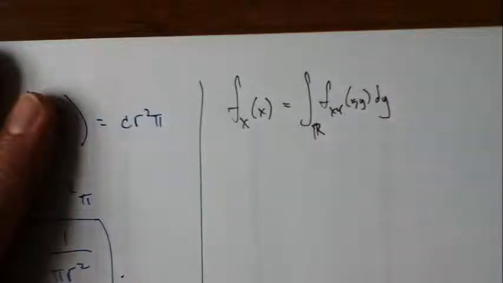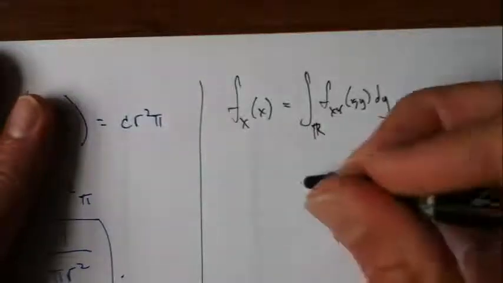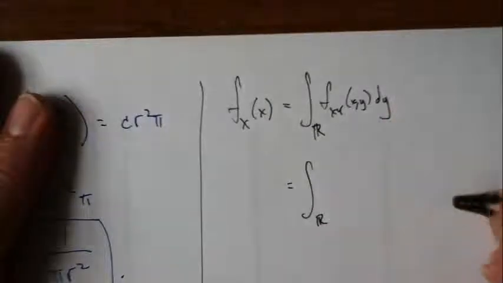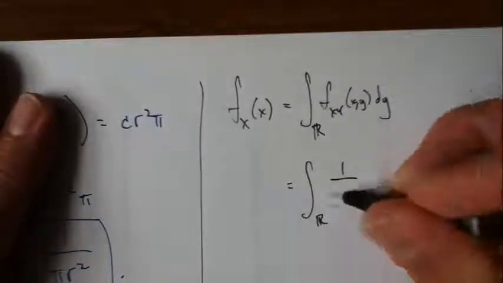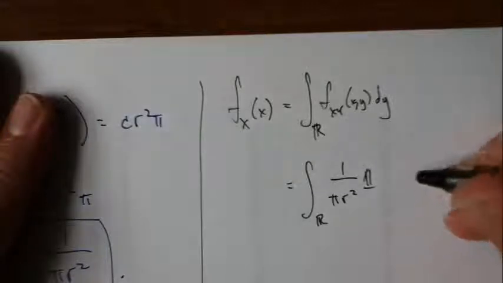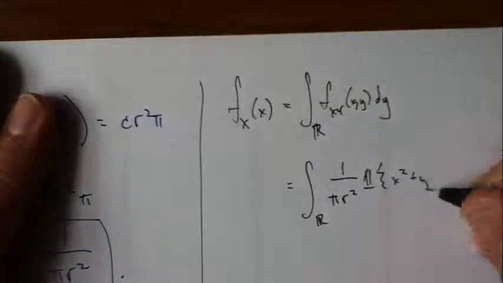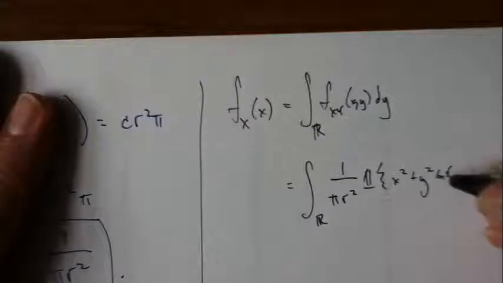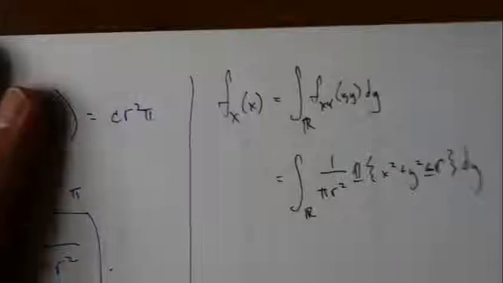I'm going to integrate out the y, so to speak. I know that the joint density function is 1 over pi r squared times the indicator that x squared plus y squared is less than or equal to r squared, and then dy.